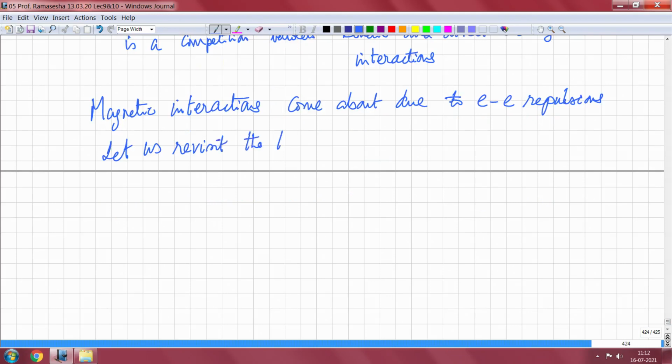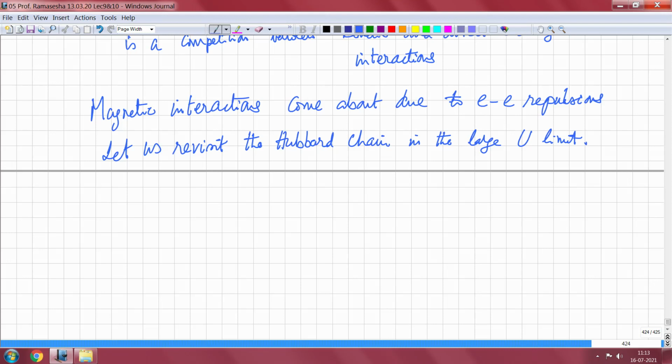The Hubbard chain in the large U limit. Because I am dealing with large U limit, I always assume without saying that the number of sites is even or the number of electrons is even.